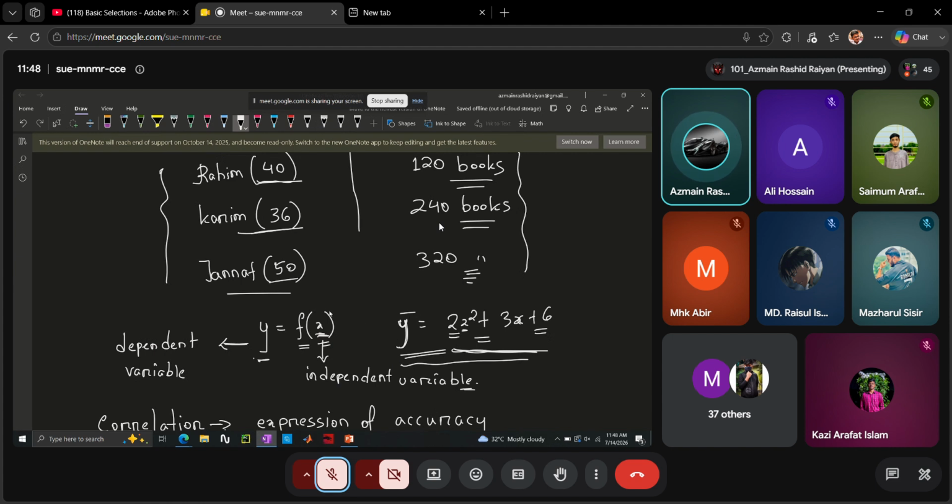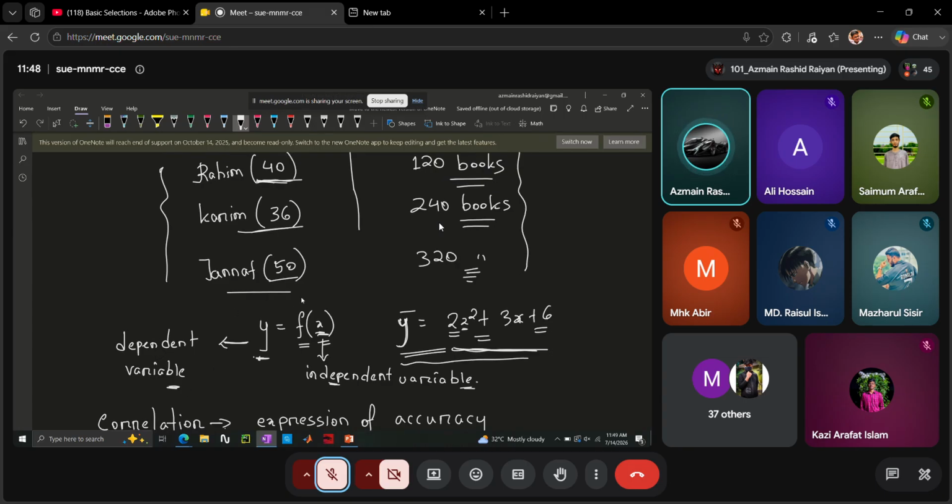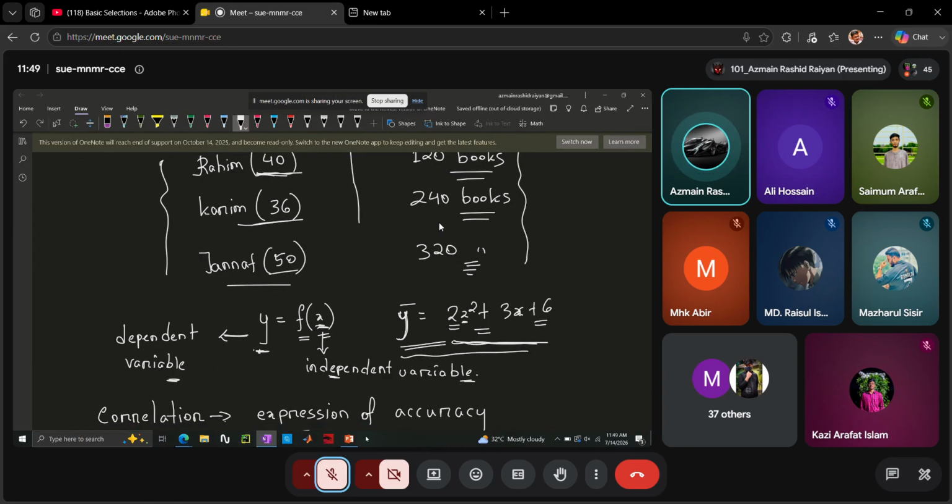Let's say if someone receives 40 phone calls, then we want to find out the number of books that he has sold. In that case the number of phone calls will be the independent variable and our dependent variable will be the number of books sold. So this is how the dependent and independent variable can be distinguished.